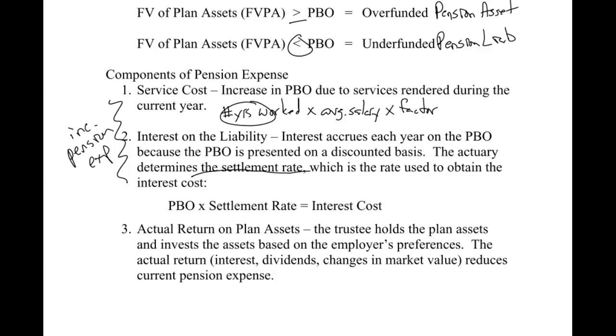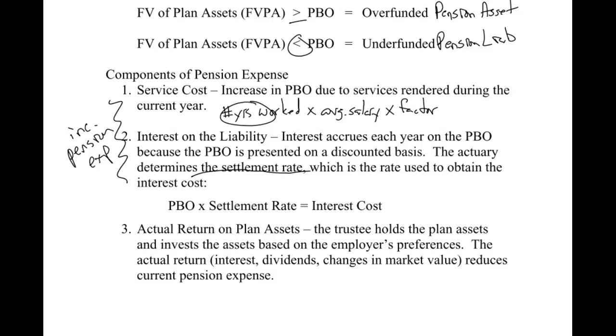Next, actual return on plan assets. Remember, the plan assets are the money that is at the trustee being invested. So that money is going to have some sort of return on it. This actual return is what we're talking about here, and this will be a number that's told to you by the trustee. The actual return is based on any interest and dividends, increases, changes in market value, whatnot.